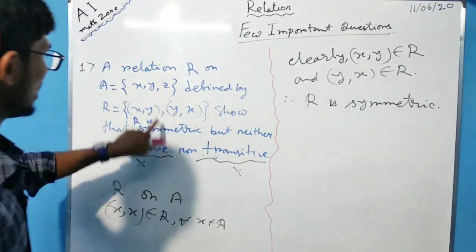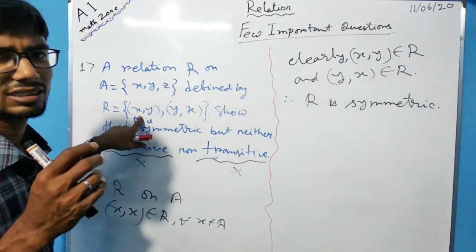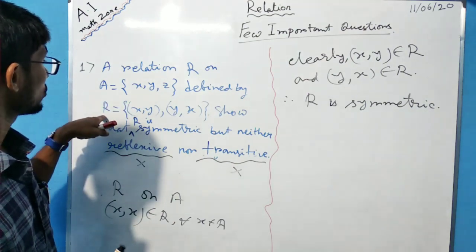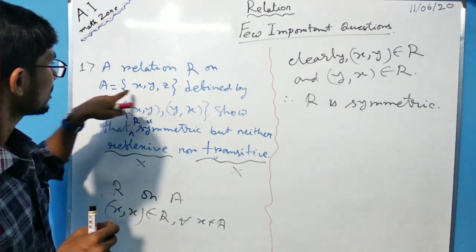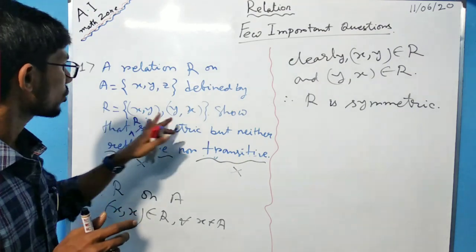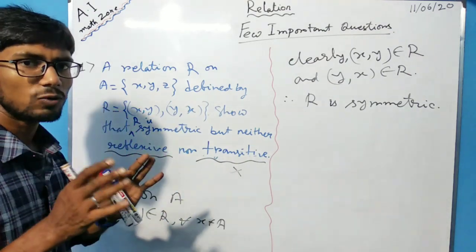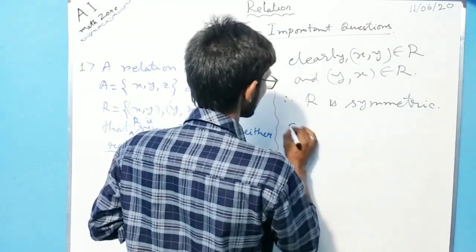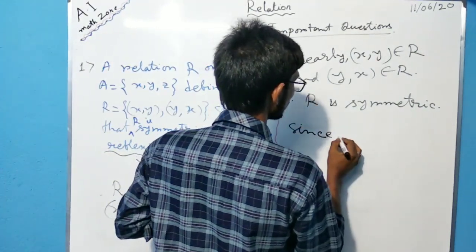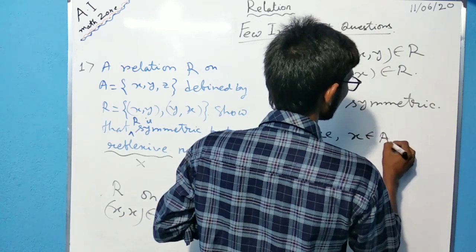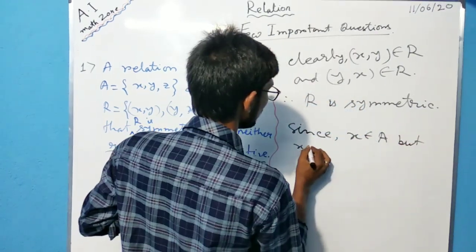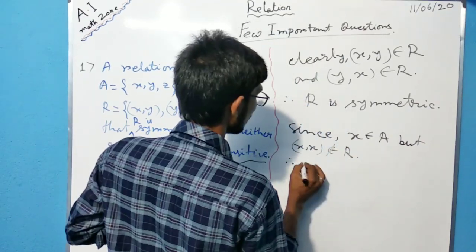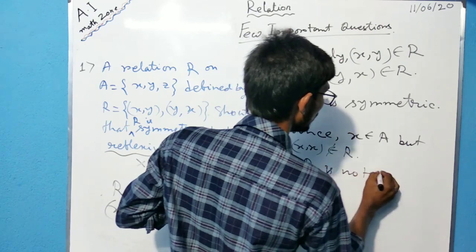Now see here, there is no element like (x, x), (y, y), (z, z), but R is a relation on A. There are three elements, so it should contain (x, x), (y, y), (z, z) to be reflexive, but there is none. Since x belongs to A, but (x, x) does not belong to R, therefore R is not reflexive.